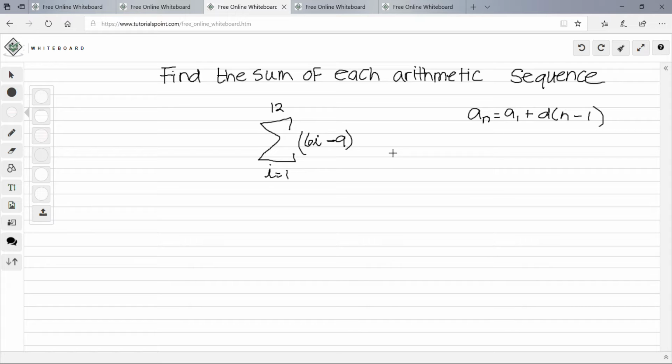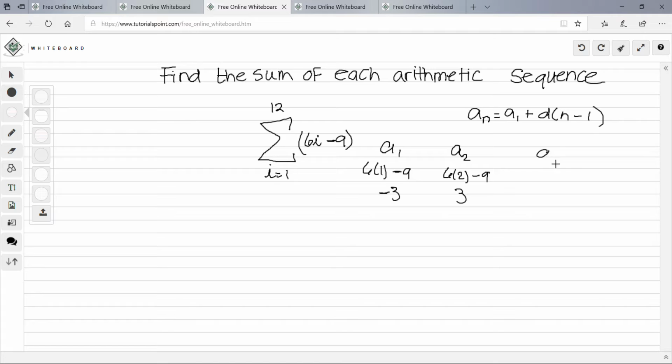So we start at 1 and end up at 12. The first term is 6 times 1 minus 9, so that's negative 3. Our second term is 6 times 2 minus 9, and that should give us positive 3.